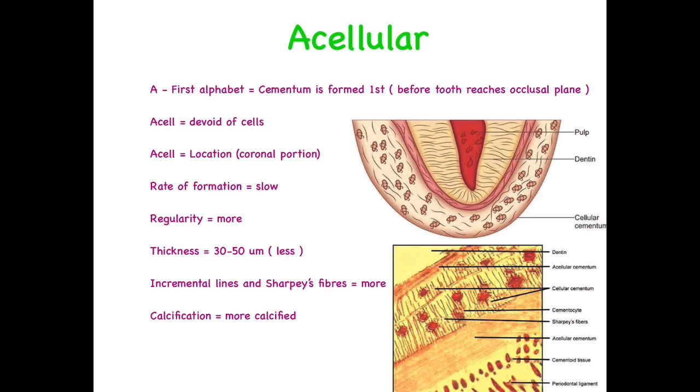And as the rate of formation is slow, the incremental lines of Salter, which denote the periods of rest as well as activity, are more abundantly present. So incremental lines as well as the Sharpey's fibers are more in number in acellular cementum, and it is devoid of any cementocytes. Therefore, this cementum is more calcified as compared to cellular cementum.